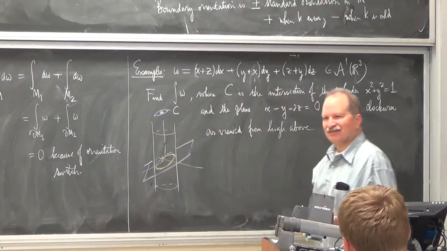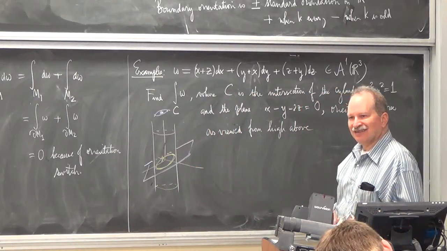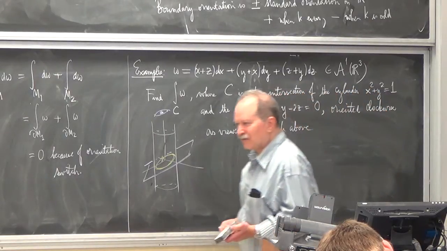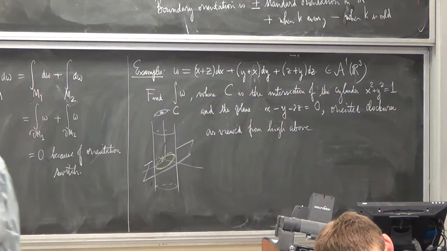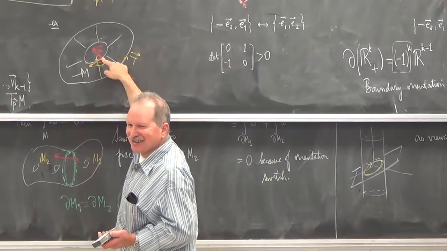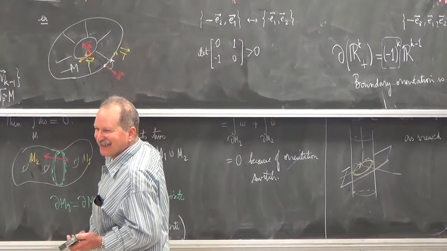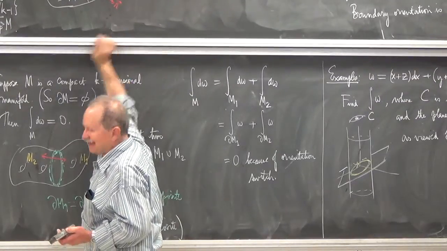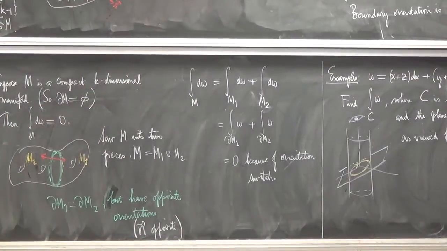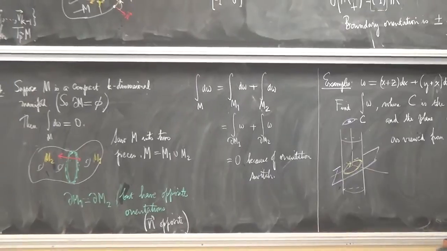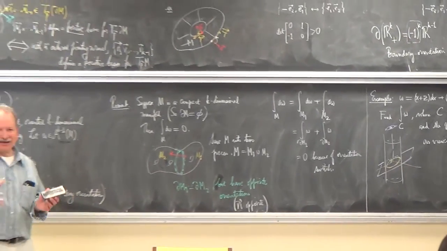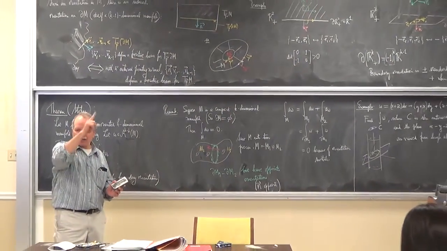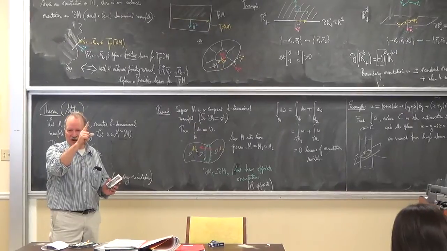We know what above is, but we have to define outward every time. I could say always pointing with positive z coordinate, but that doesn't work when I'm on a cylinder, for example.